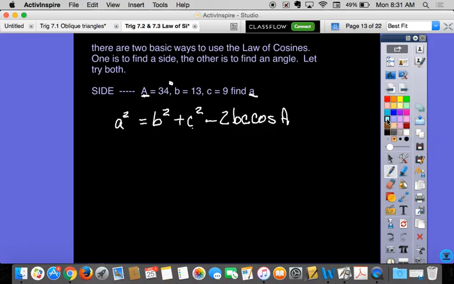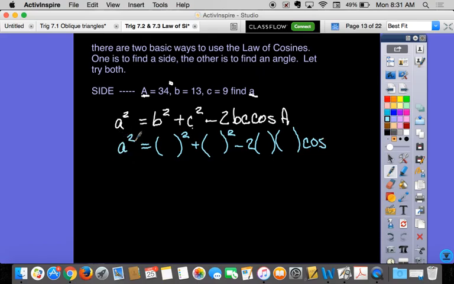Okay, let's plug in what you know. Now remember, your squares go outside there, okay? So go ahead and set this thing up. That just stays A squared. We have the 34 comes down here for the angle. Now B is 13, C is 9, so do it again, 13 and 9.